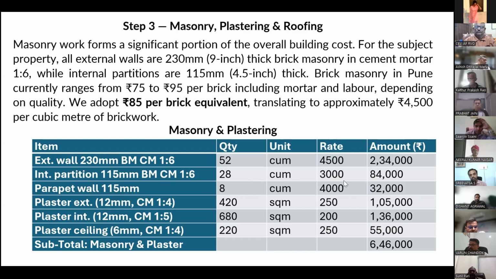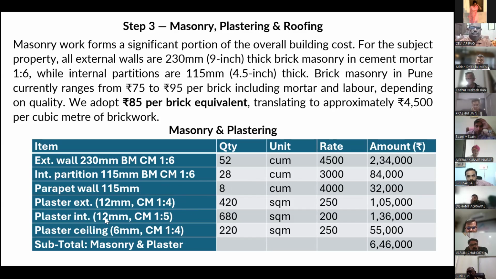Internal partition walls, 28 cubic meter, 3,000 rate per cubic meter. Then parapet wall, 115 millimeter thick at the top of the roofing. Then plaster: external plaster we are using 1:5, internal plaster is 1:5, and ceiling plaster is 1:4.